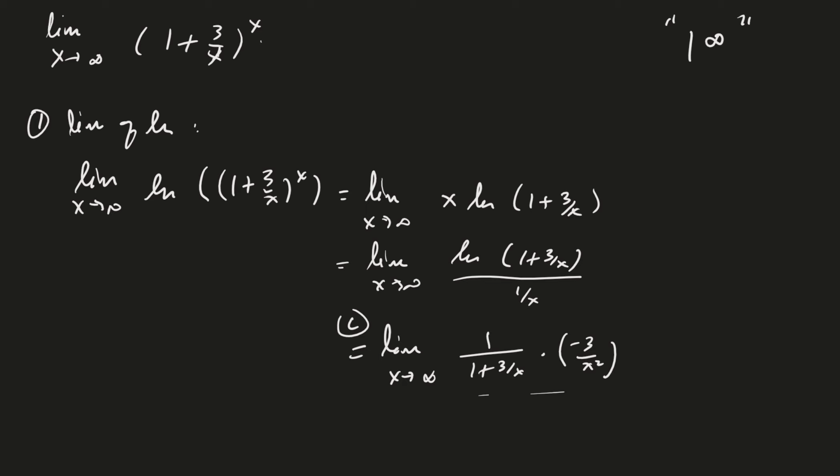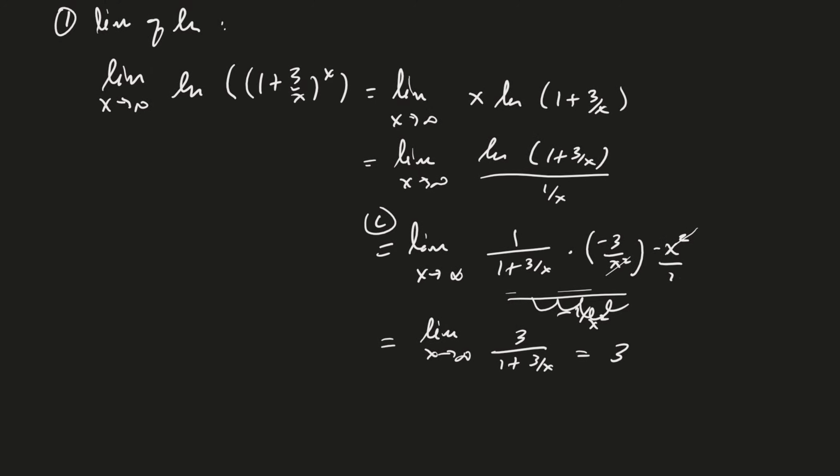And then divided by minus 1 over x squared, right? But then if you invert and multiply, you get that expression. The x squareds cancel, the minus cancels, so you end up with the limit as x goes to infinity of 3 over 1 plus 3 over x. Good. And so that's going to go to 3.